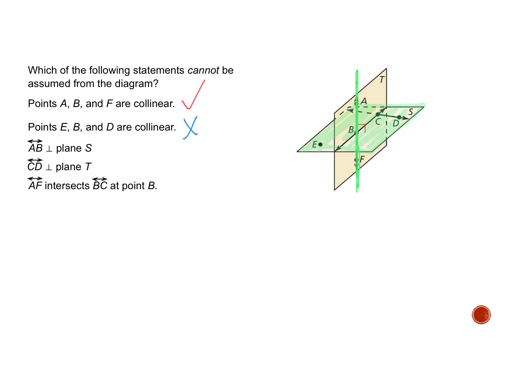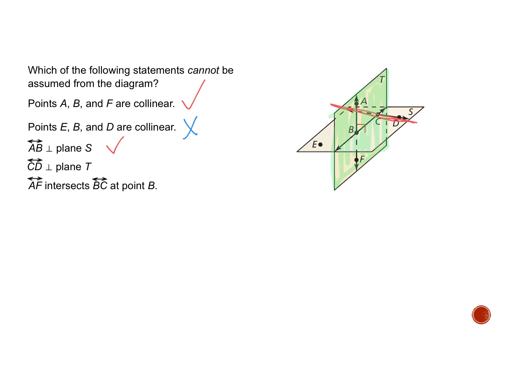Because we are given the little right angle symbol right here, that is true, that line AB is perpendicular to plane S. Next, we're told that line CD, which is this line here, is perpendicular to plane T. Well, plane T is this vertical plane right here.